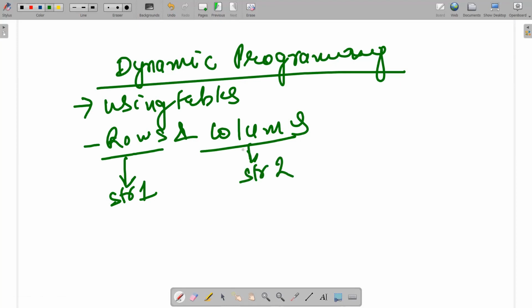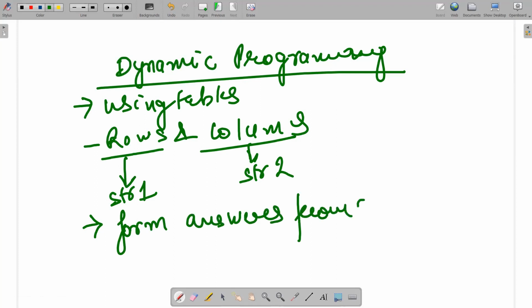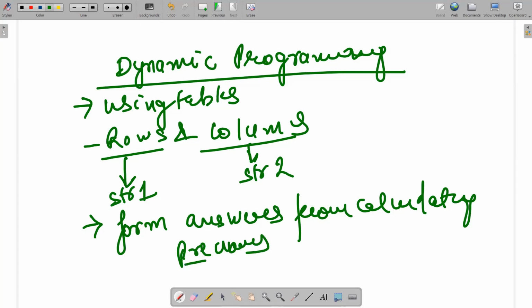It's up to you which string you want to fit in the column. Obviously, we will form answers by calculating from previous answers also. So whatever answers we have, we will calculate the answers accordingly.